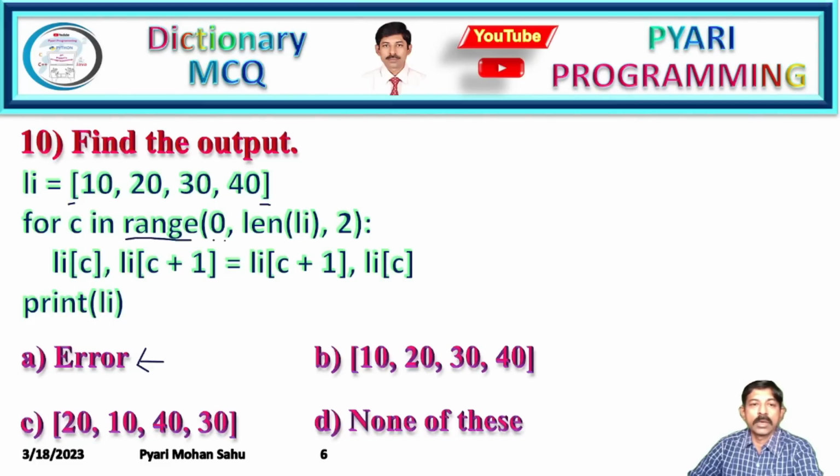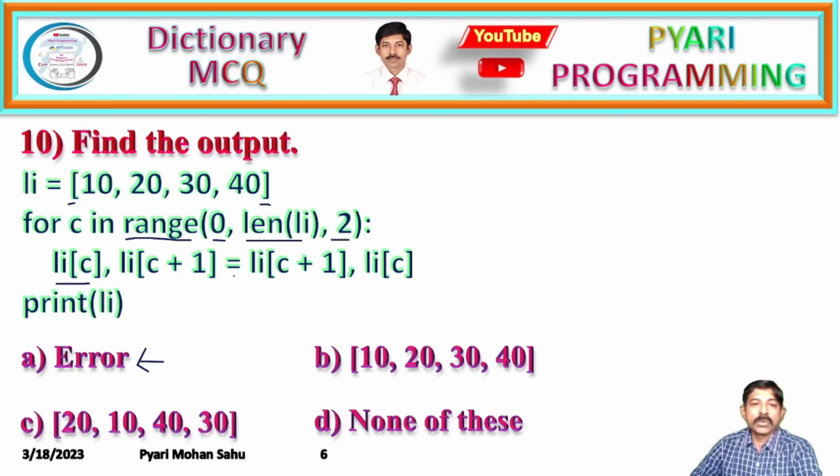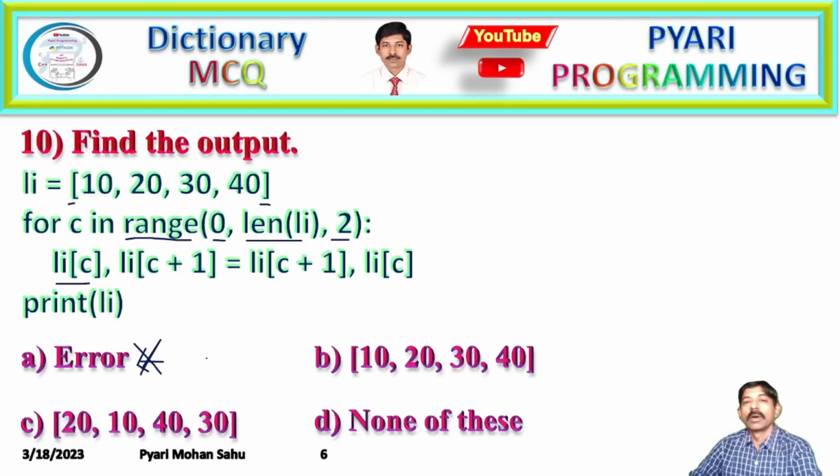First one is given, 0 starting, and then the length of li, no problem. Step is 2, separated by commas. li of c, li of c plus 1 is equal to li of c plus 1, li of c, no problem. Only a runtime error we have to check, whether it is going beyond the index or not. Now it is displaying the li. So the error option is not the right one.